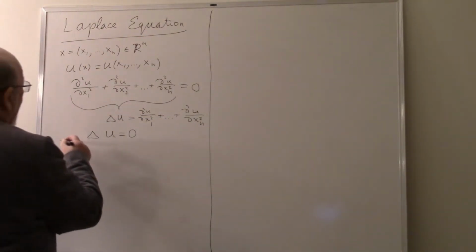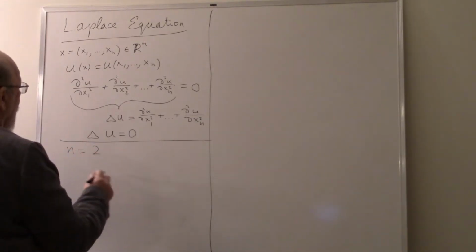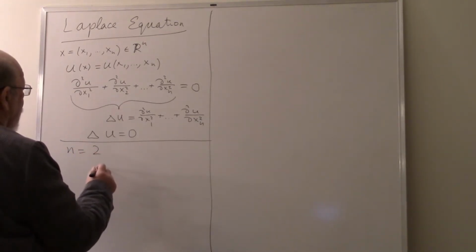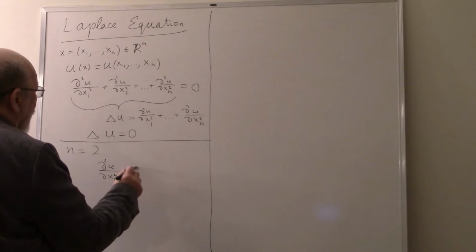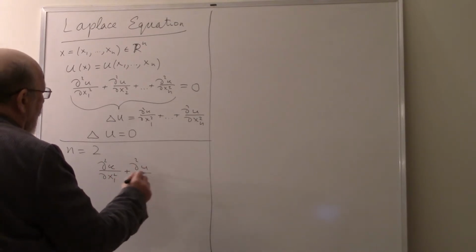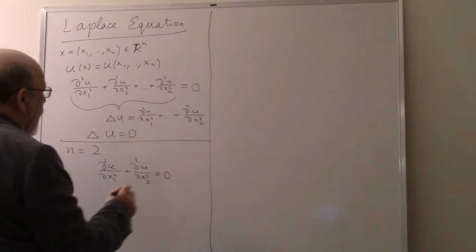Now, for example, in case n equal 2, we have equation d2u/dx1 square plus d2u/dx2 square equals 0.